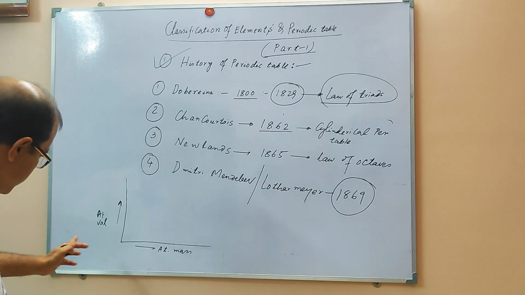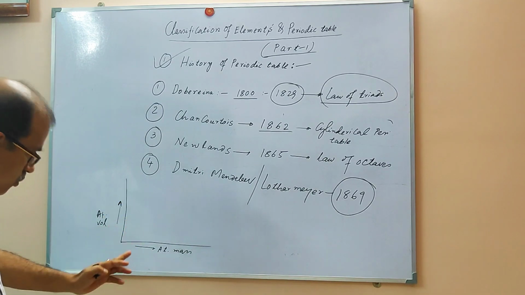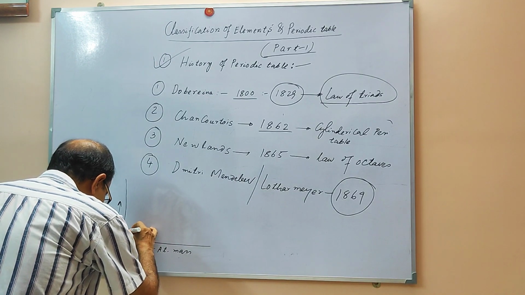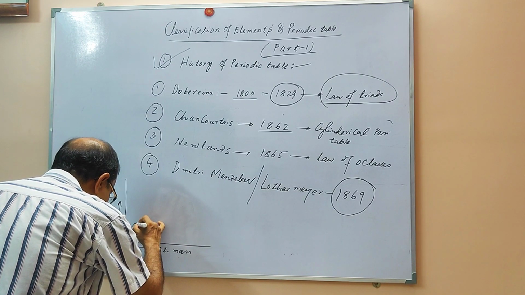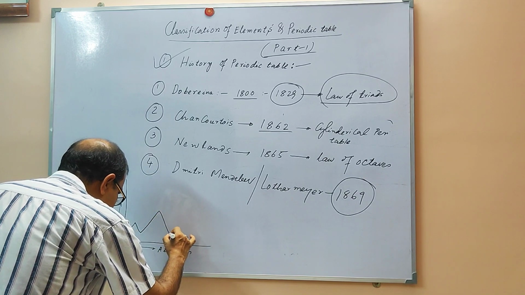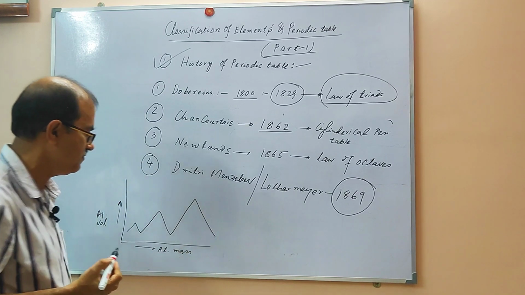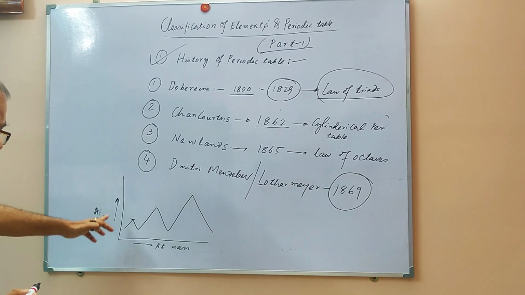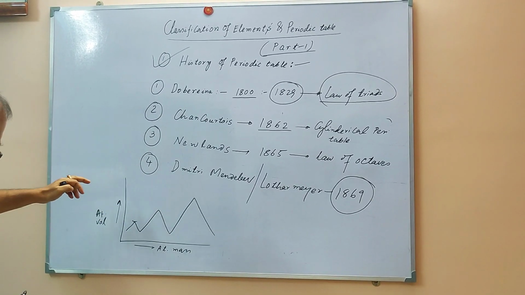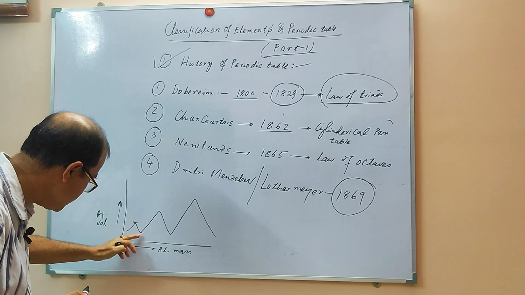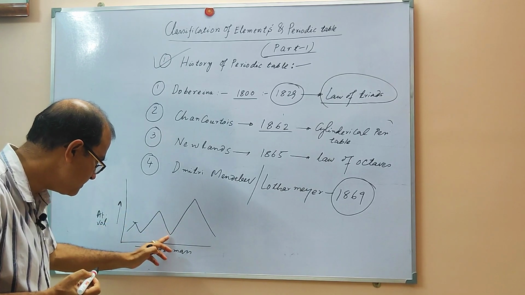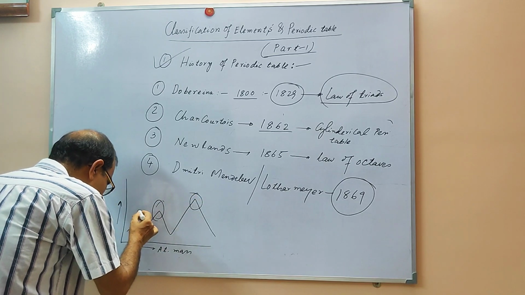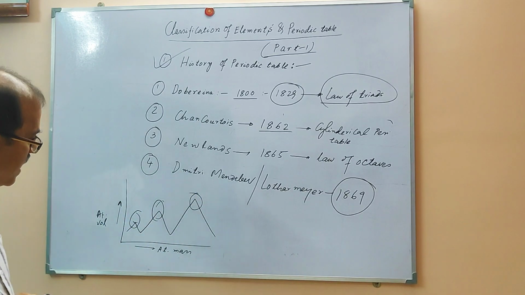When he plotted atomic volume against atomic mass, he observed that at some points there is a peak, like this. The atomic volume increases, again decreases, again increases, again decreases. So a peak is always there.